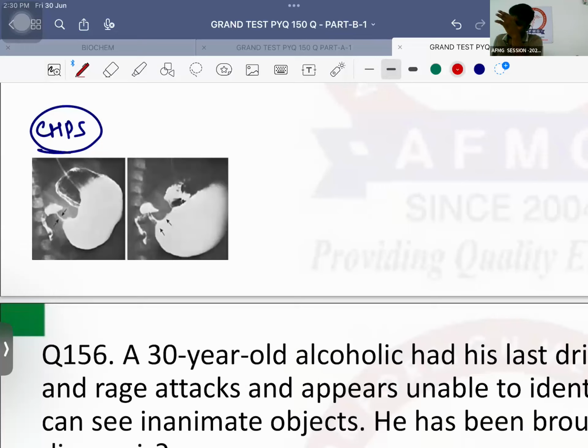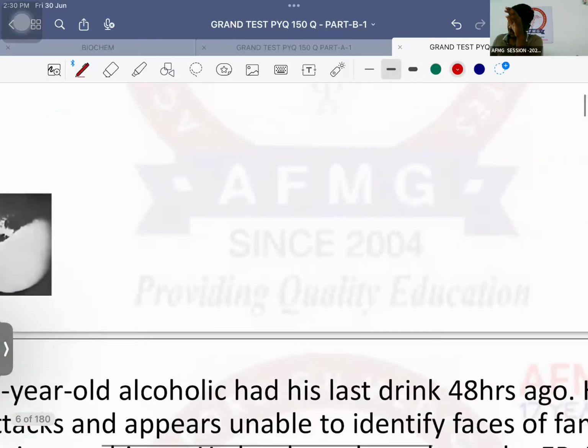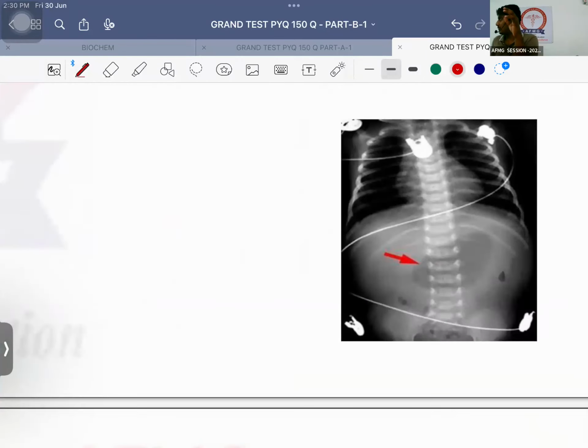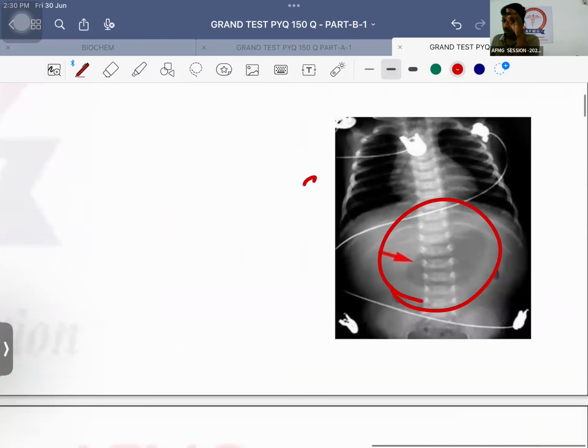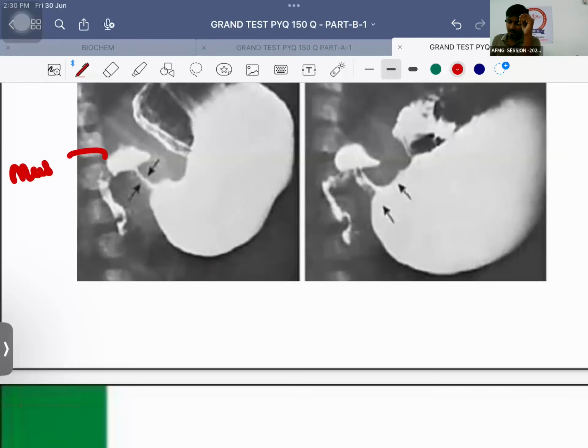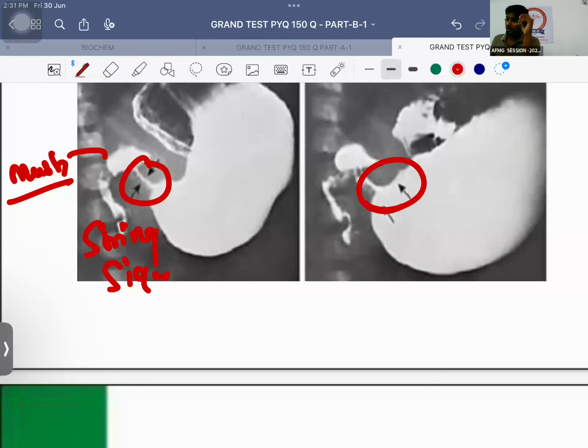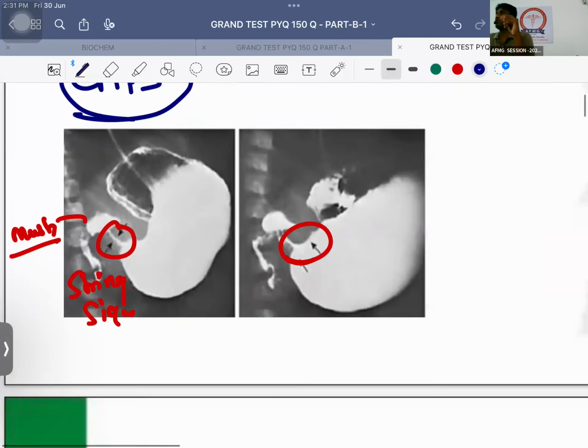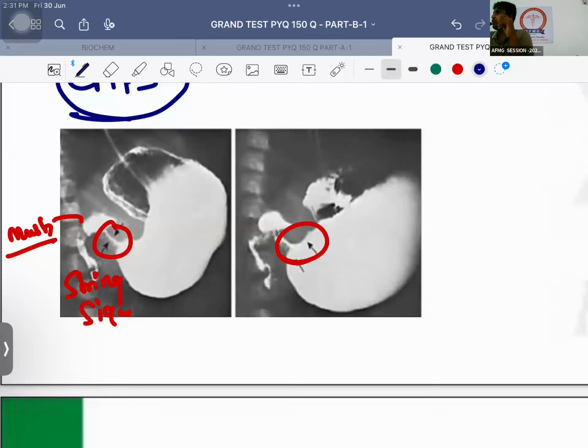If I talk about CHPS, usually in CHPS, if I take an X-ray, first line investigation is X-ray abdomen, and a single bubble sign is seen. And if I perform a barium meal, the signs seen are the mushroom sign, the string sign, and the shoulder sign. The mushroom sign, string sign, and shoulder sign will be seen on barium meal.